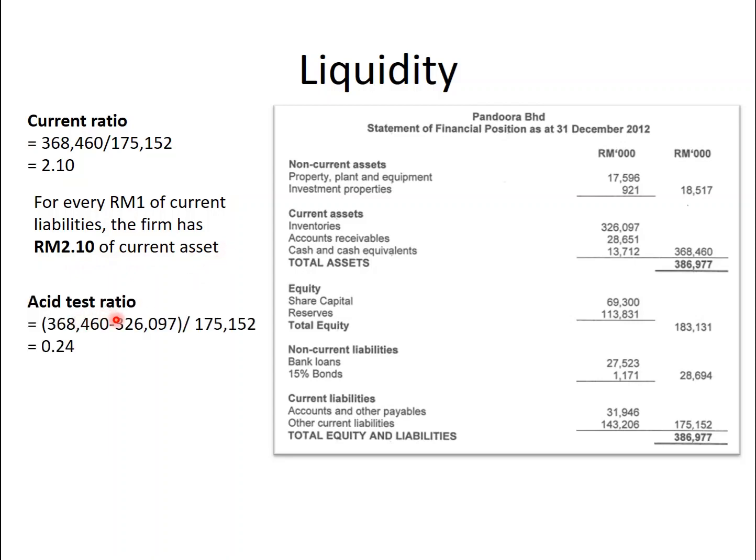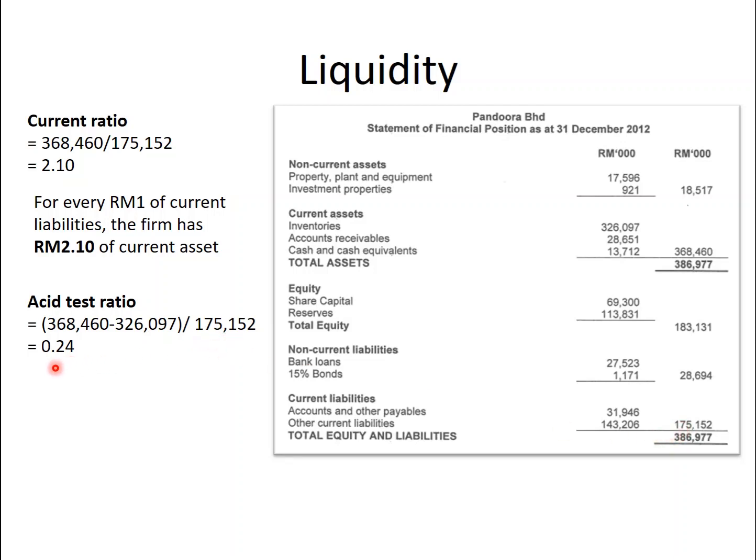Next is acid test ratio. The formula is current assets excluding inventory and prepayment. In this example, we don't have prepayment, so we take current assets, 368,460, minus the inventory, 326,097, divided by current liabilities, 175,152.